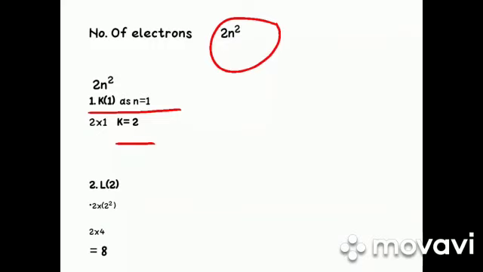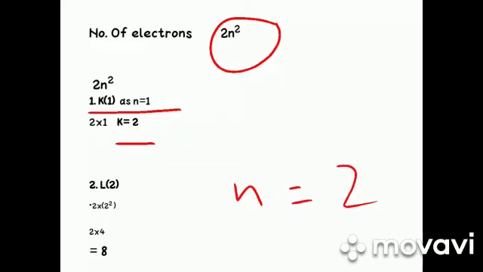Similarly, the capacity of L shell: as L is the second shell, n is equal to 2. So 2 multiplied by 2 square, the square of 2 is equal to 4. 2 multiplied by 4 is equal to 8. So the capacity of L shell is 8 electrons. So we can say the first orbit can have a maximum of 2 electrons as n is equal to 1.